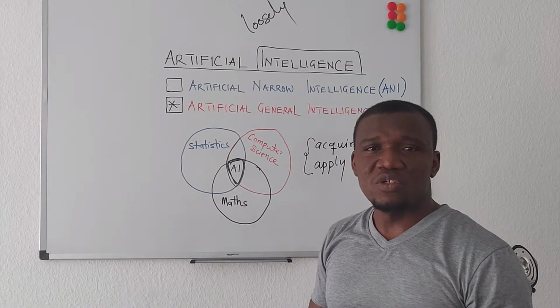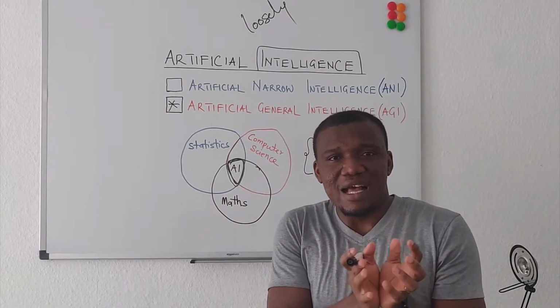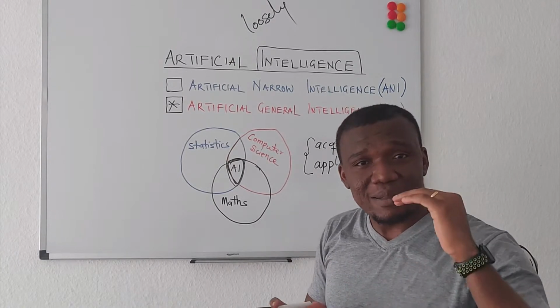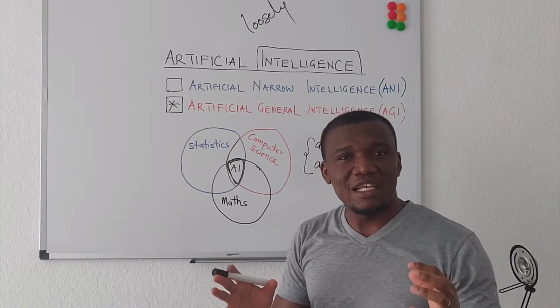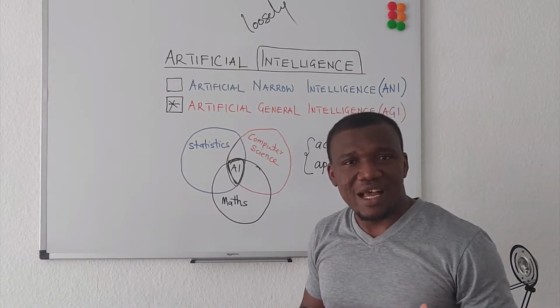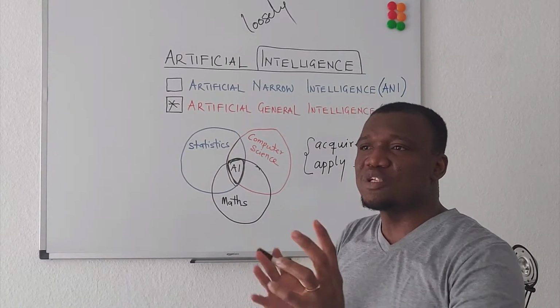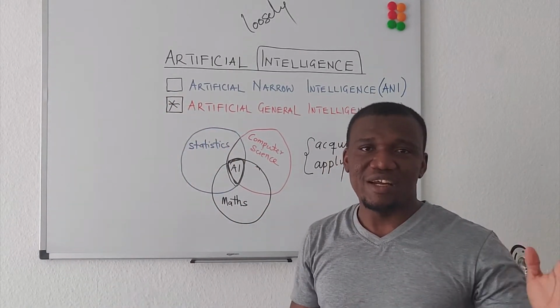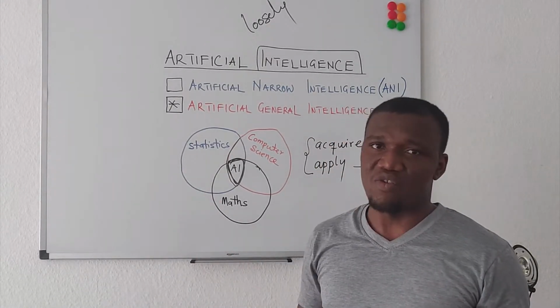If I train a model to be able to identify overspeeding cars from stationary cars, that model becomes exceptionally good, depending on how you train it, of course, at distinguishing overspeeding cars from stationary cars. But apart from that ability, it doesn't know any other thing in its environment.